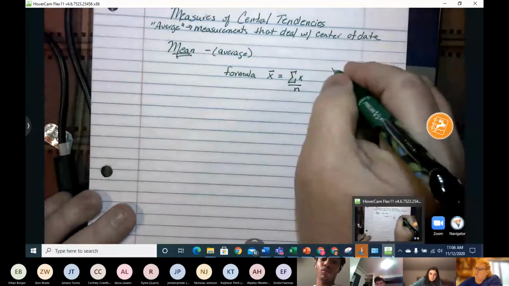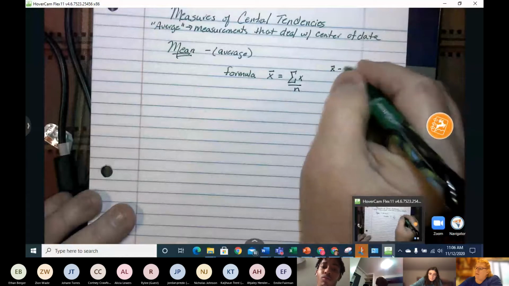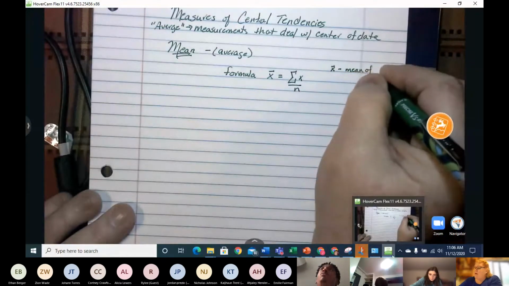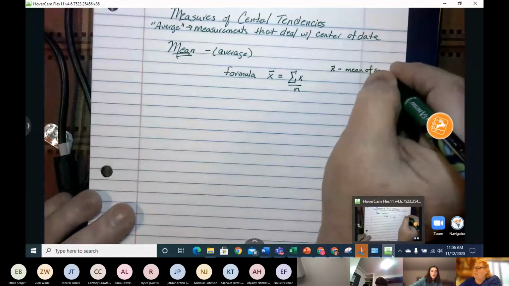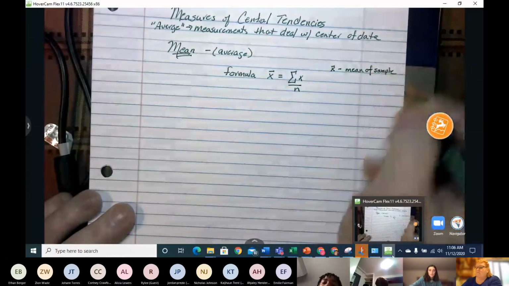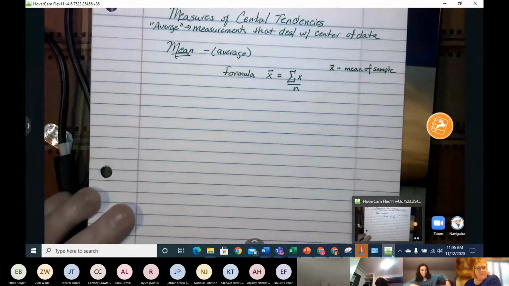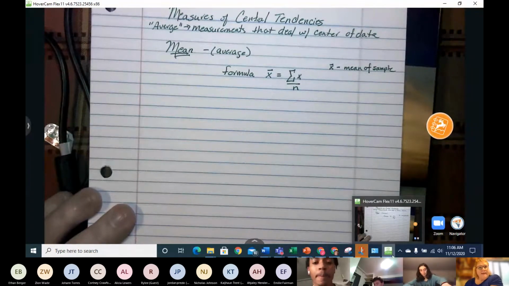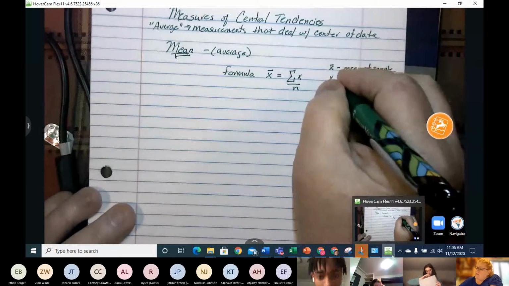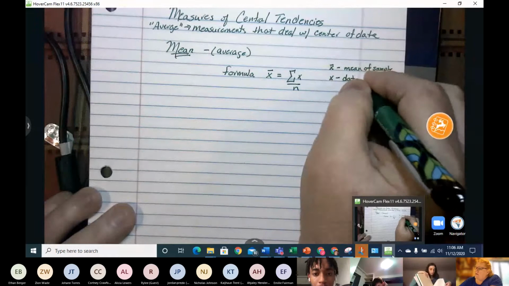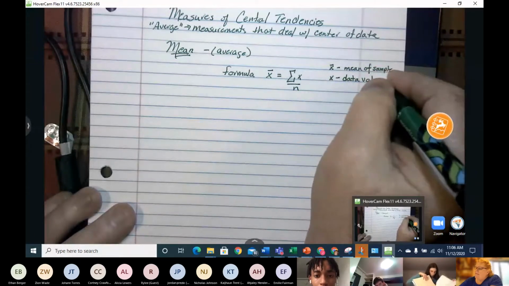So the X with the bar over it is referring to the mean of your sample population. So whenever you see X with a bar over it, it is referring to the mean of the sample. The X without the bar is referring to actual data value.